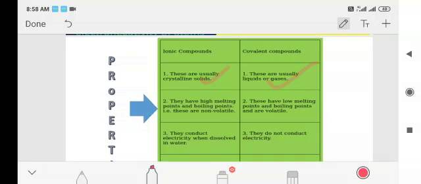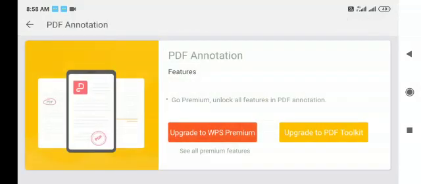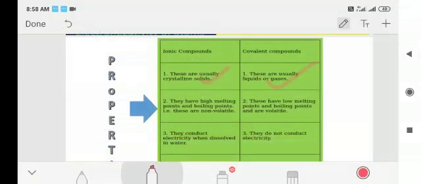Second point, their melting points and boiling points are mentioned. In ionic compounds, the melting and boiling points are quite high, whereas in covalent compounds, the melting and boiling points are quite low. That's the second point. I think you can learn it by heart without much difficulty.